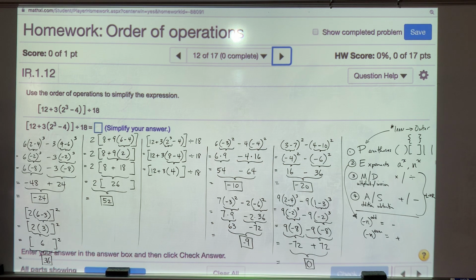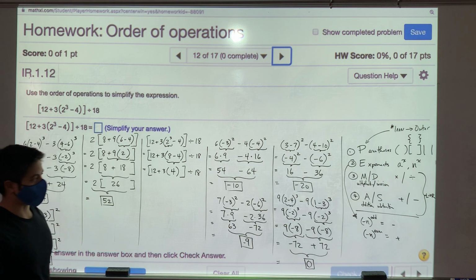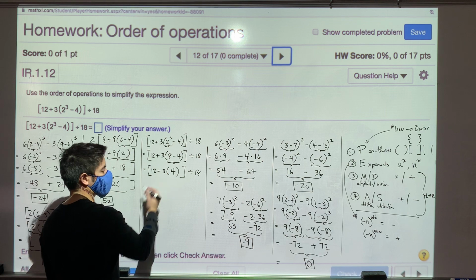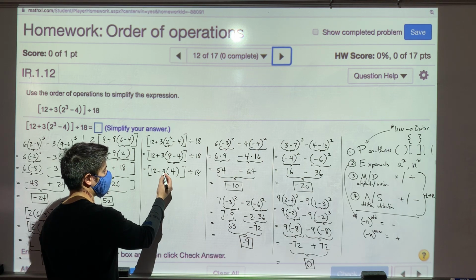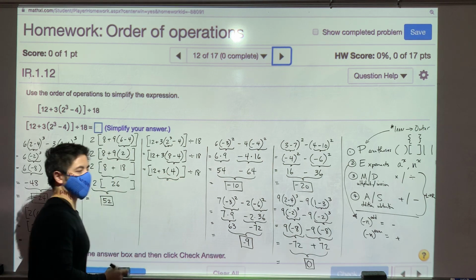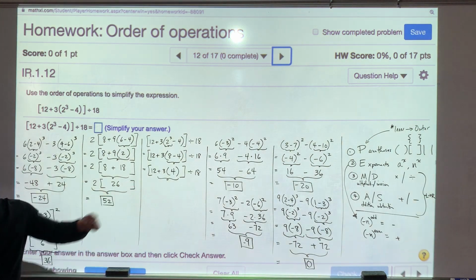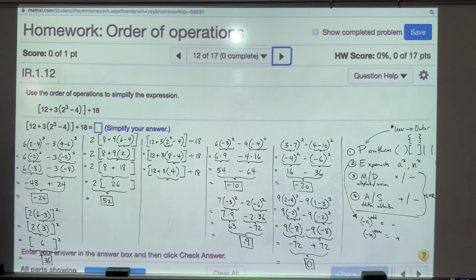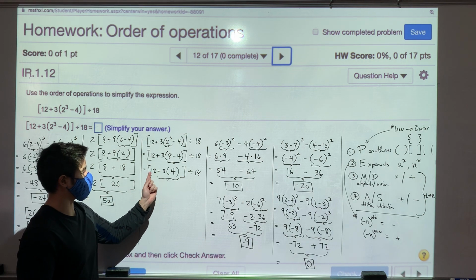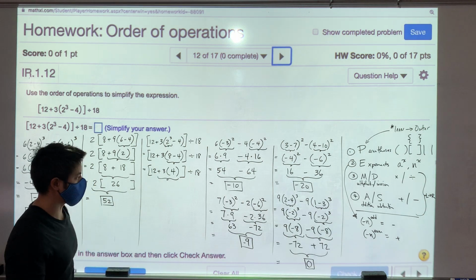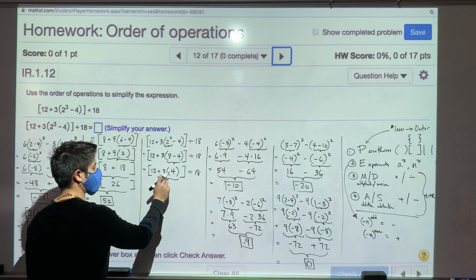Ready to move outward from there, but very carefully. Do I add these first? No, because this is multiplication, and we know, again, that multiplication comes before any kind of addition. A lot of students will make the mistake, add these together. Don't be that student. Recognize that multiplication is here.